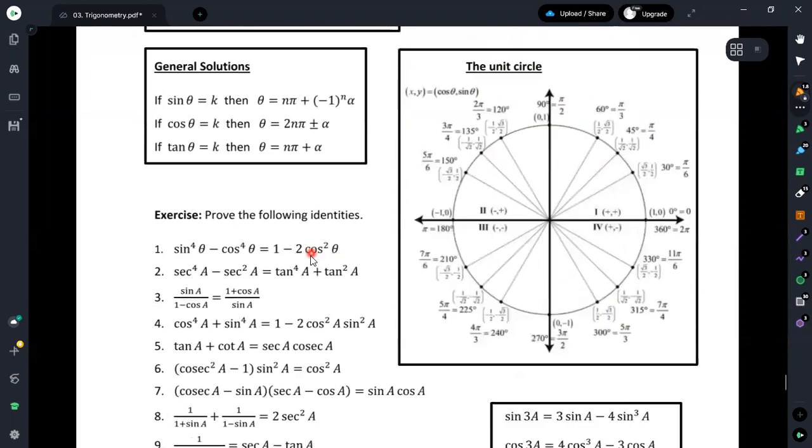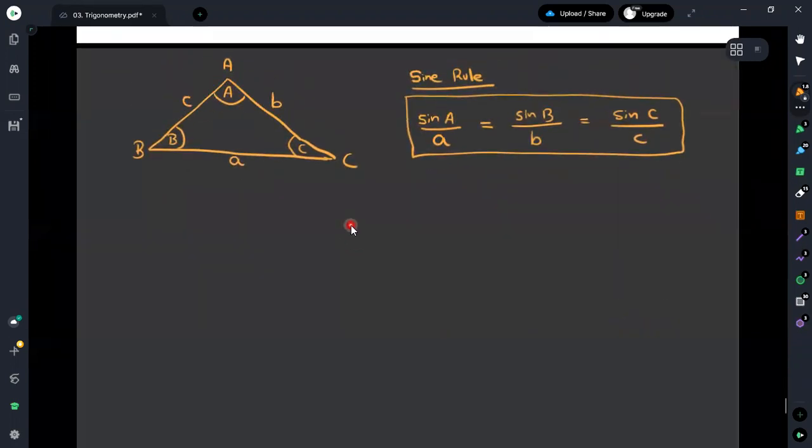The law of cosines is defined as follows. Suppose you need to find the length a, then according to the cosine rule, a squared equals b squared plus c squared, minus 2 times the multiplication of the lengths of the other two sides.